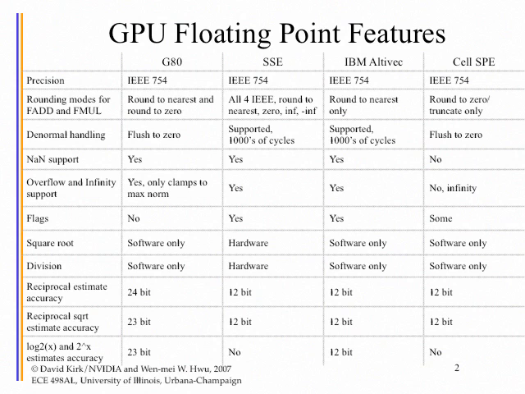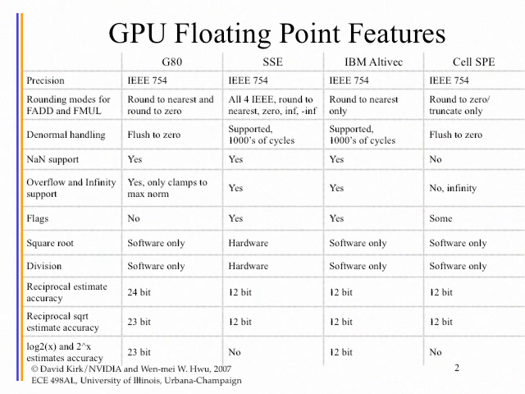On the precision column, I want you to go through this: rounding modes, denorm handling, NaN, overflow, flags, square root, division, reciprocal, log, and then there are different columns showing what G80 does, what the x86 SSE does, what the IBM does, and AltiVec, and also the Cell implementation.